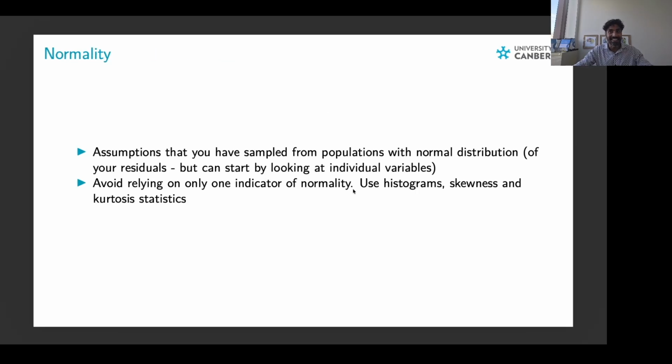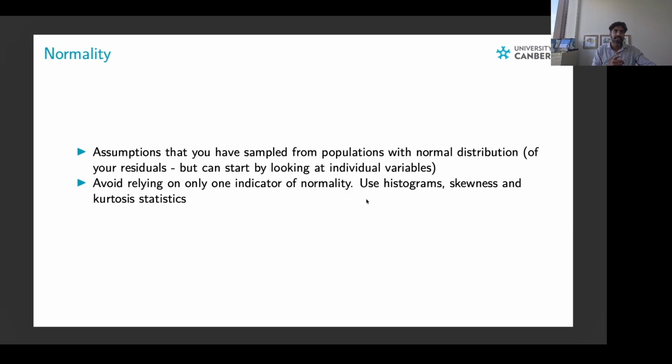So let's start with normality. The assumption is that you have sampled from populations with a normal distribution of your residuals, but you can start by looking at individual variables. To run something like Pearson's correlation, your residuals need to be normally distributed.